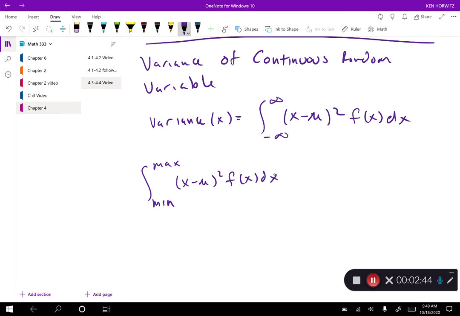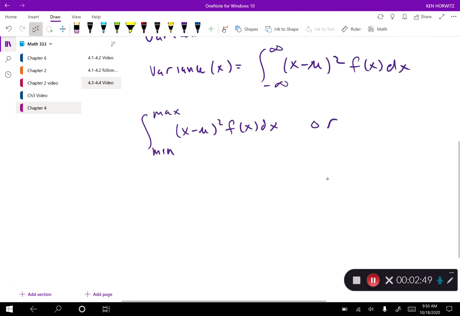And a slightly more simplified formula, which would be really helpful, would be the integral from the min to the max of x squared times f of x. Remember, we had some dealings with that in our discrete area, minus mu squared.